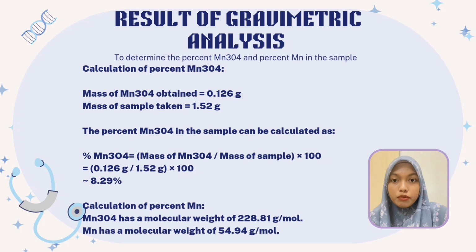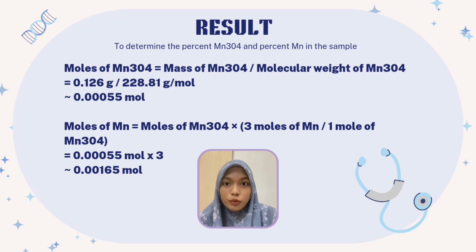Next, to calculate percent Mn: Mn3O4 has a molecular weight of 228.81 g/mol and Mn has a molecular weight of 54.94 g/mol. First, we need to find moles of Mn3O4, equal to mass of Mn3O4 over molecular weight of Mn3O4, and the answer is 0.00055 mole. Second, calculate moles of Mn, equal to moles of Mn3O4 times 3 moles of Mn divided by 1 mole Mn3O4.